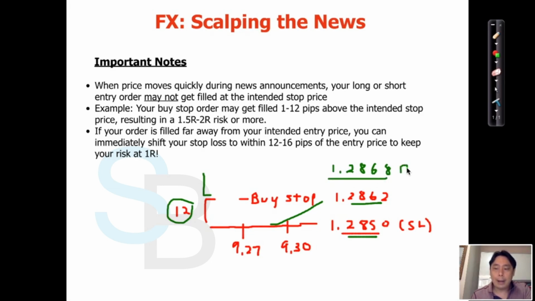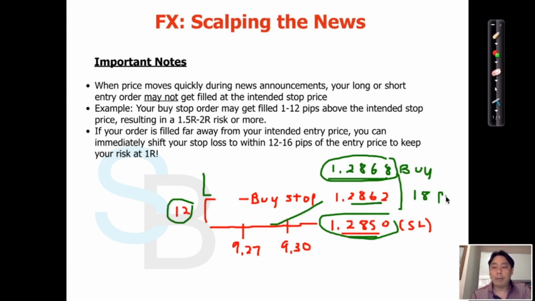So you end up buying at 2868. If your stop loss is at 2850, what is your risk? Your risk is no longer 12 pips as you intended. Your risk is now 18 pips, which is a potential 1.5 R loss if it goes back down again to hit the stop loss.